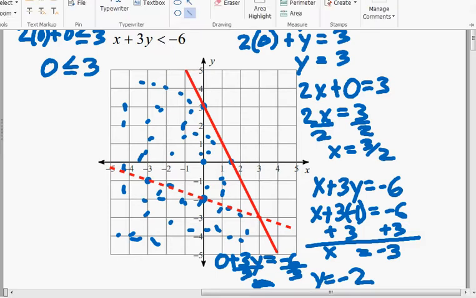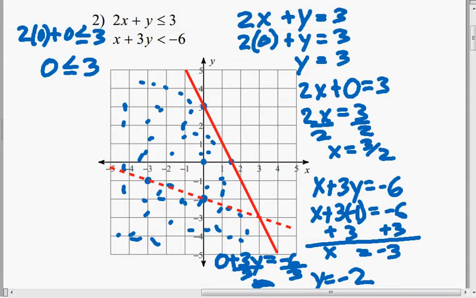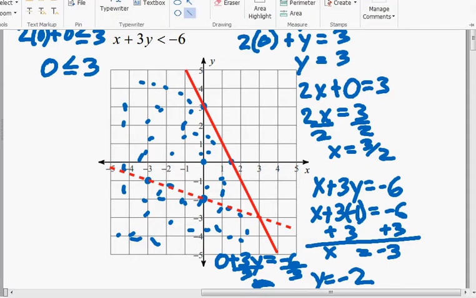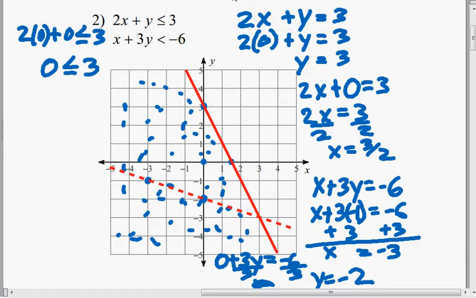It says less than. So I am leaving that as a dashed line. And that's what tells me that it cannot be equal to. But I need to think about where it is equal to in order to get the dashed line in.